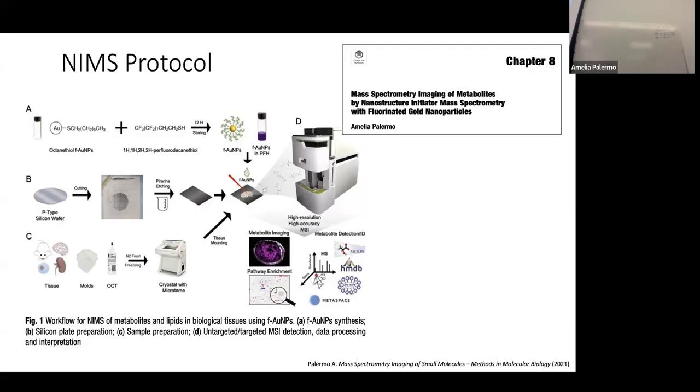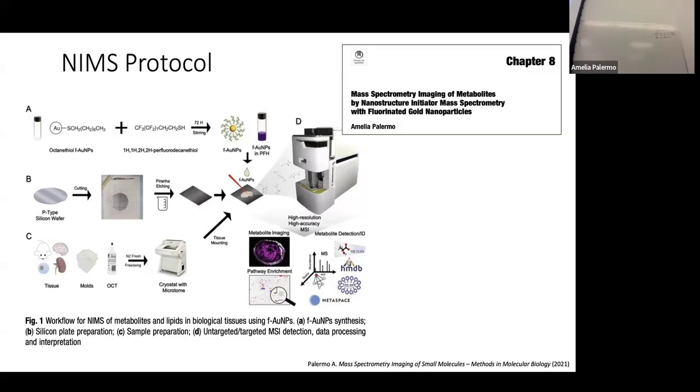This is a mass spec with a multi source, the one that we were using because it's amenable for changes in the source that can accommodate the silicon chips. So this is the silicon chip where we mount the tissue that has been first sectioned in a cryostat. The chip needs to be primed and prepared with a piranha etching solution that allows the tissue to be mounted properly on the silicon chip.